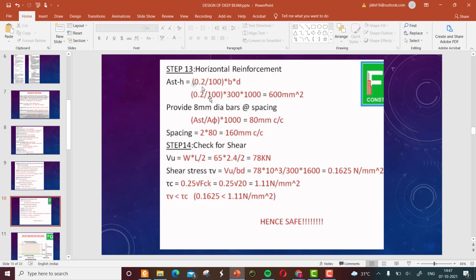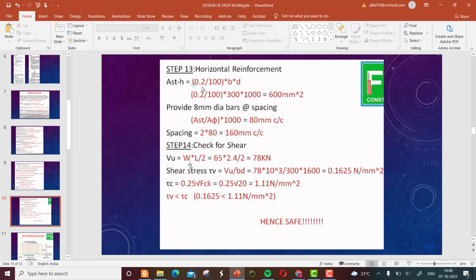That will give you 0.2 by 100 into 300 into 1000, which is a value of 600 mm². By knowing the area and by providing 8 diameter bars, we can find the spacing required for the horizontal reinforcement. And we already discussed that the deep beams are strong in flexure, and they have to be checked for the shear also.